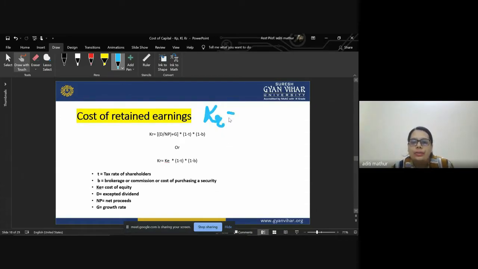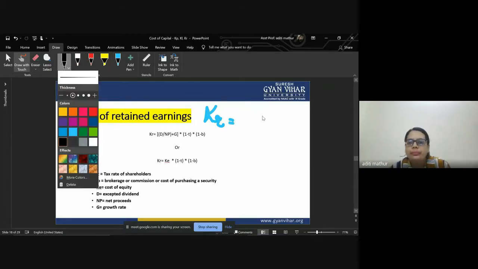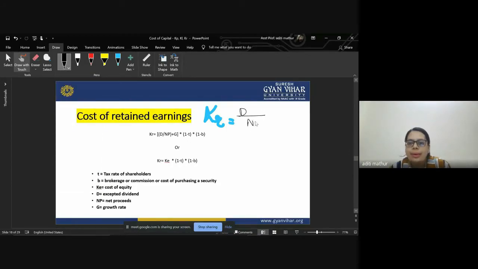So KR is equal to dividend divided by net proceeds into 100, which is equal to dividend divided by net proceeds into 100 plus G, which is equal to dividend divided by net proceeds plus G, whole multiplied with 1 minus T, again whole multiplied with 1 minus B.